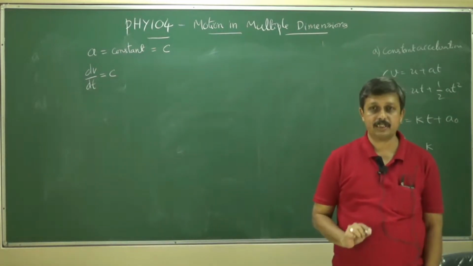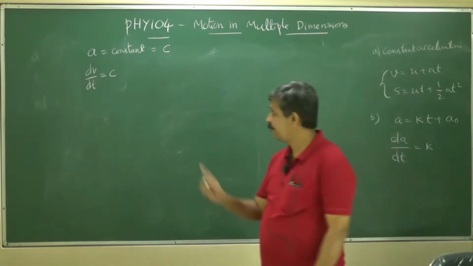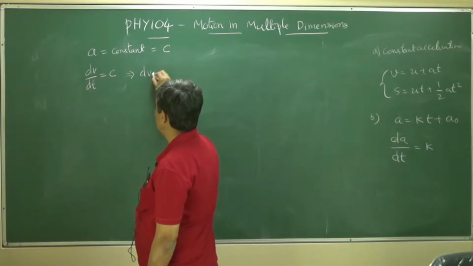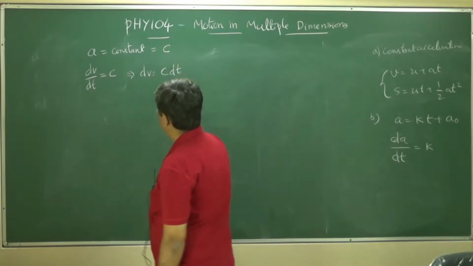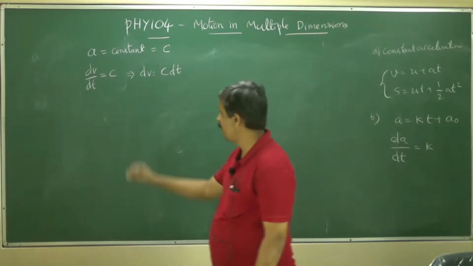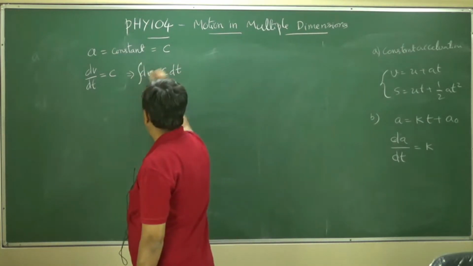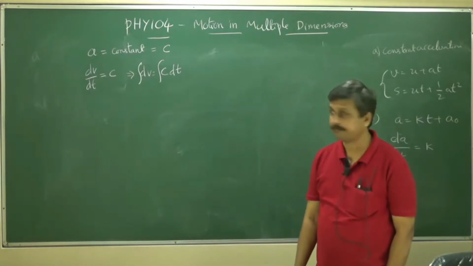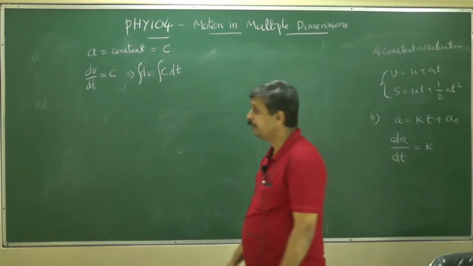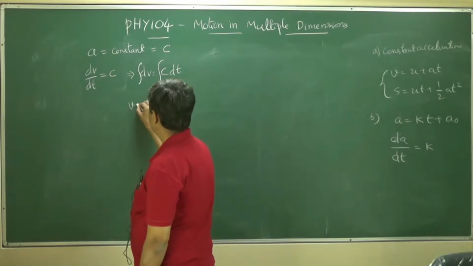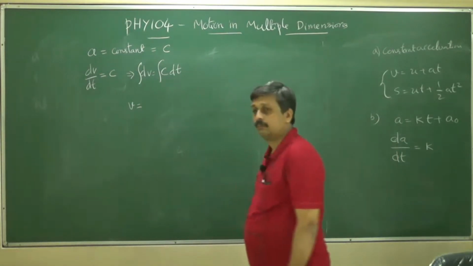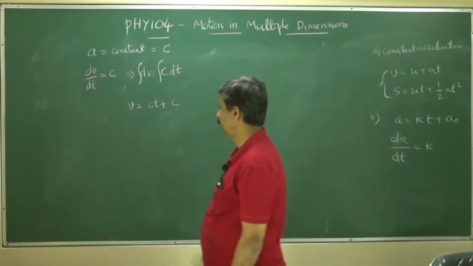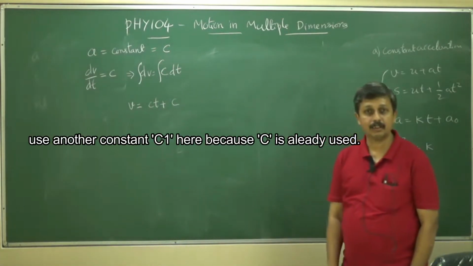No changes in the steps. dv by dt is equal to c. This implies dv is equal to c dt. This simply implies integral, and this is nothing but v is equal to ct plus c. Correct?